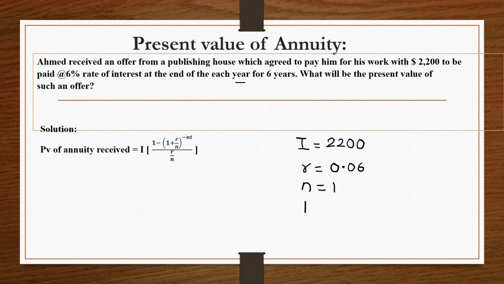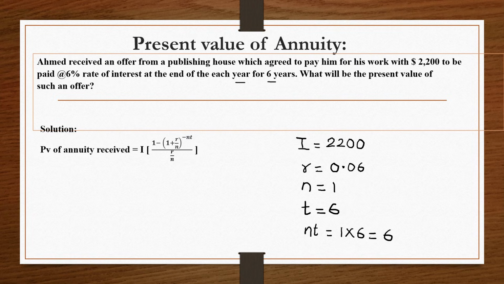Then we will write T, the time period, for how much time I will be keeping it invested. So T is 6 years. Now also find NT. N is 1, multiplied by 6, so my NT is 6.